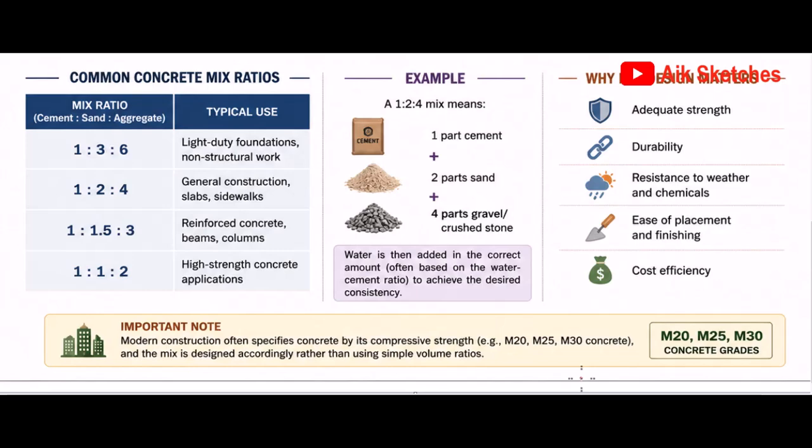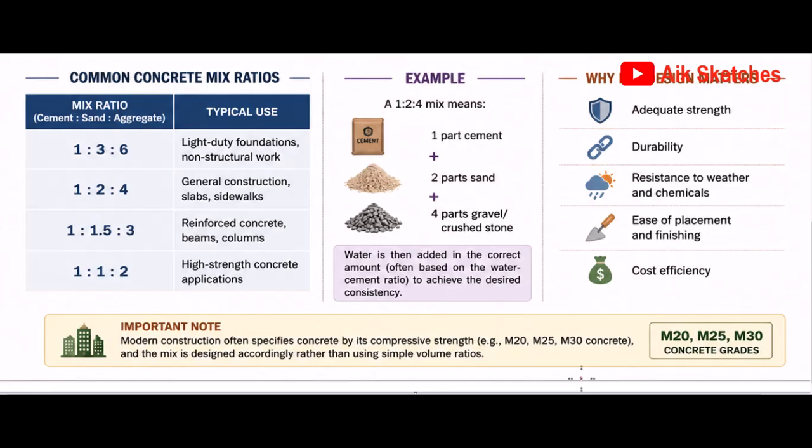Okay. So I'll go further to say a structural design most times is done, and that also will determine which mixture will be used or which grade of concrete will be used. Important note: modern construction often specifies concrete by its compressive strength.